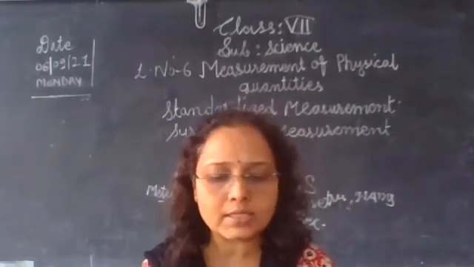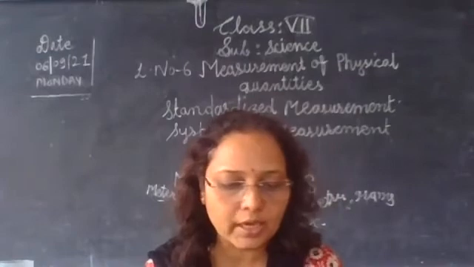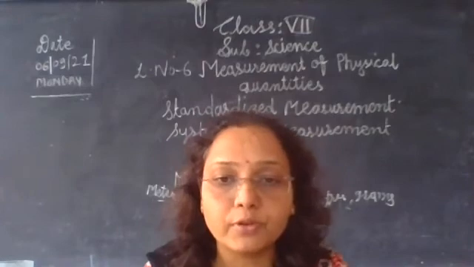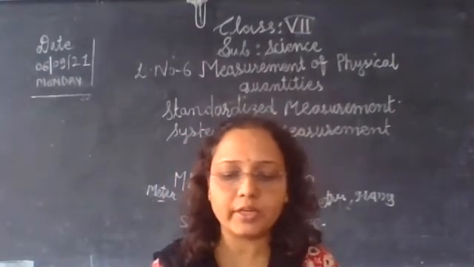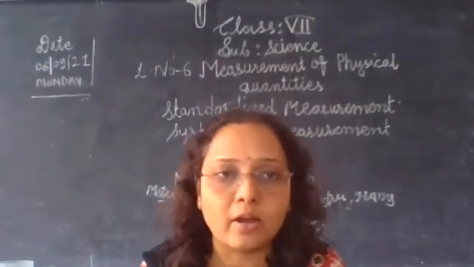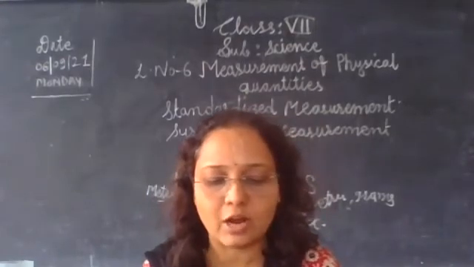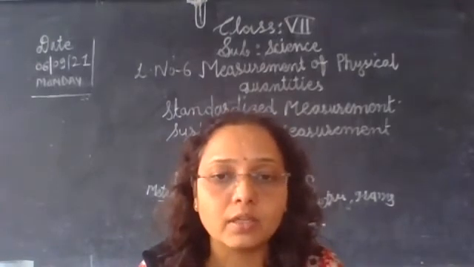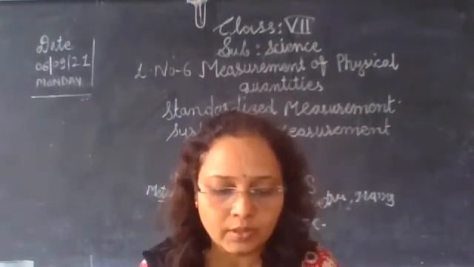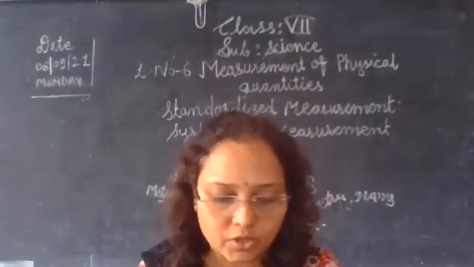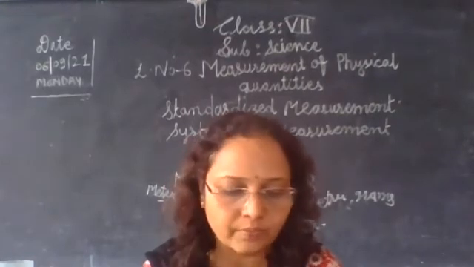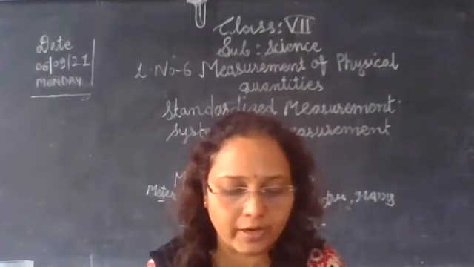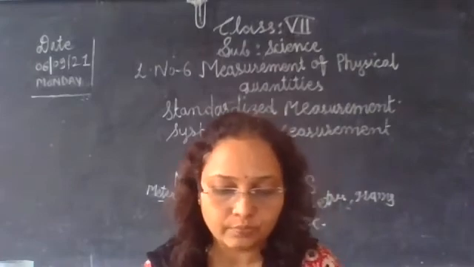However, for all scientific measurements, the SI system, that is System International of Units, has been adopted. The SI units have been defined to standardize measurement. All over the world, these SI units are used. It was published in 1960 as General Conference of Weights and Measures.